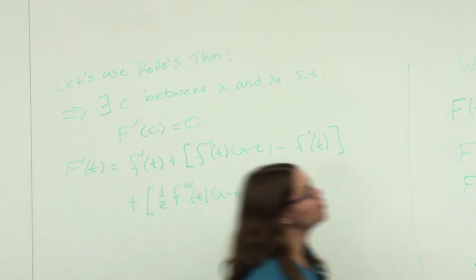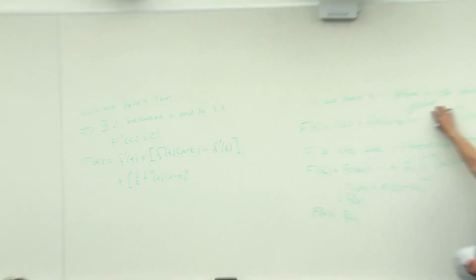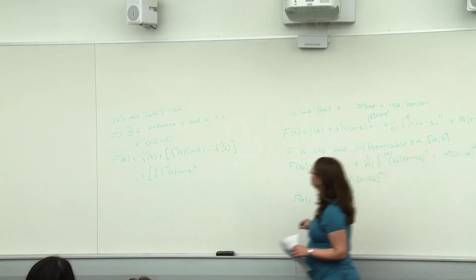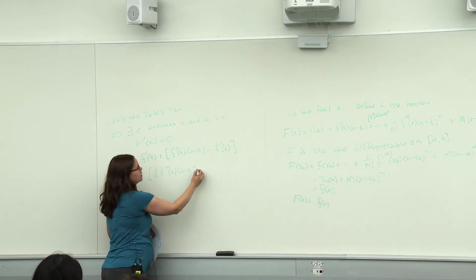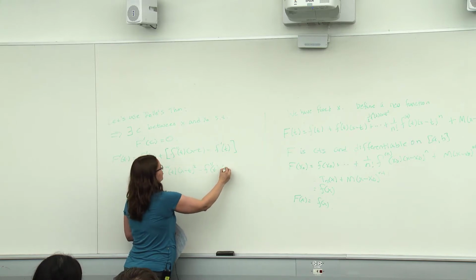Okay, and then I'm going to take the derivative of this quadratic term, right? So the 2 comes down, and we bring out a minus 1 because it's an x minus t in there. So we're going to get minus f double prime of t x minus t.